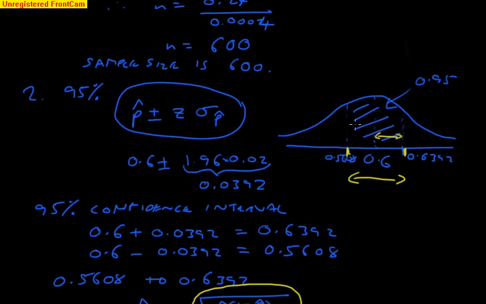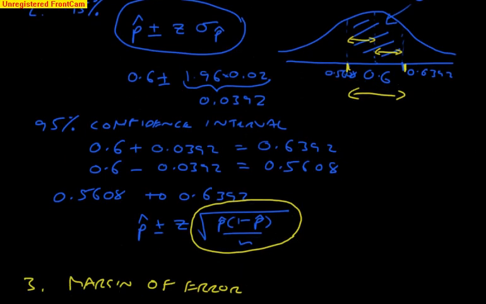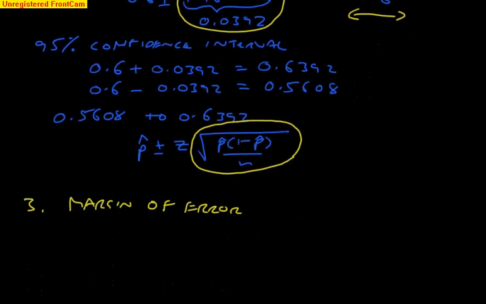So you can take it as that bit there, or you could take it as that bit there. They're both the same because this is a symmetrical situation, and that is the Z score times the standard deviation, which gives you that margin of error. So in this case it's 0.0392. I've already worked it out.